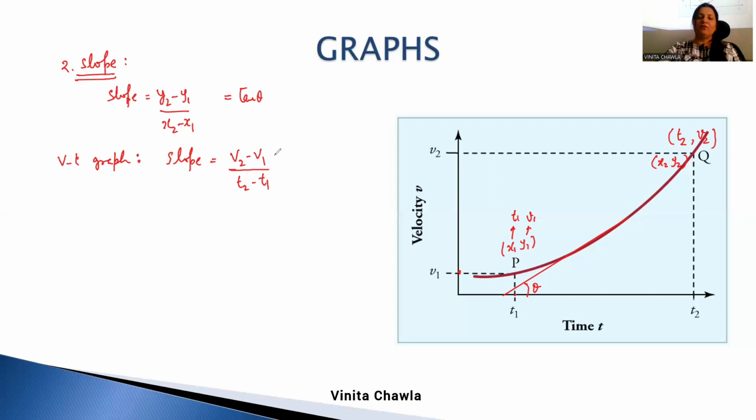So when we divide v and t, we are dividing y and x, na? In area under curve, we get the physical quantity by multiplying the quantities that we have. And here in slope, the quantity that we get is by dividing the physical quantities y and x.